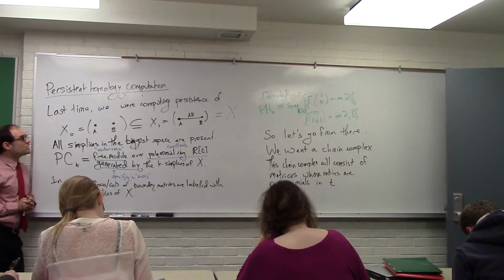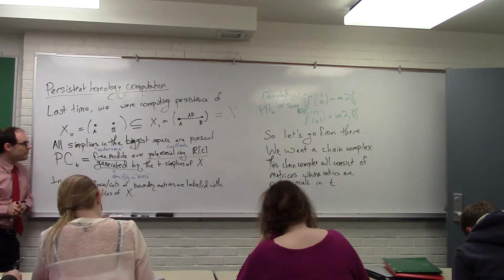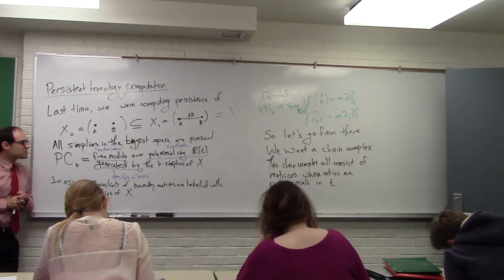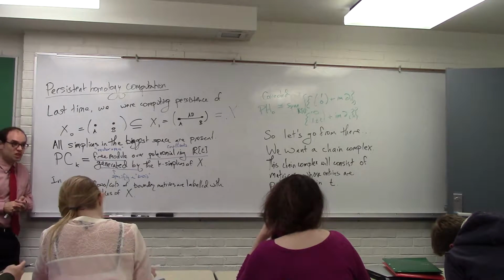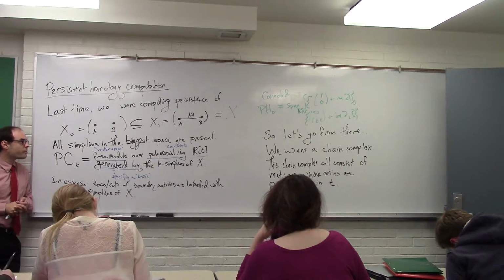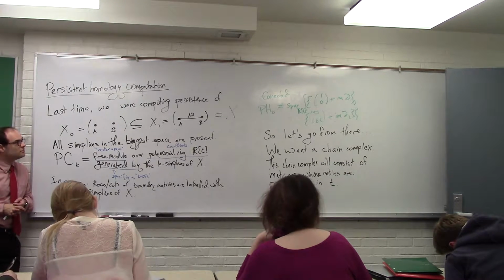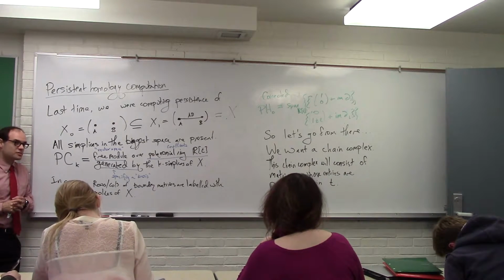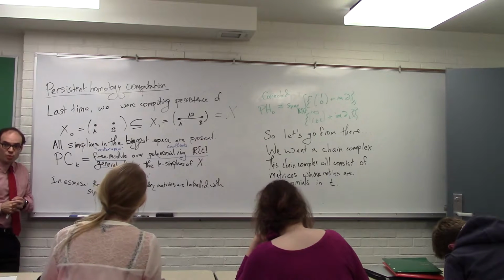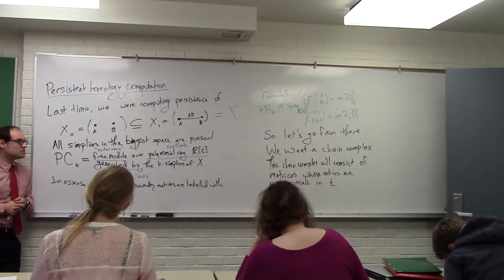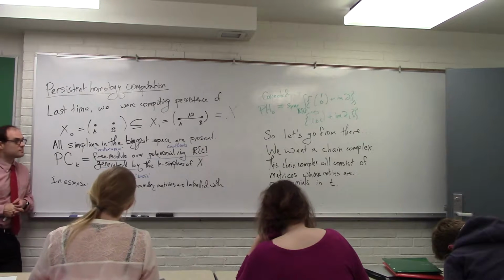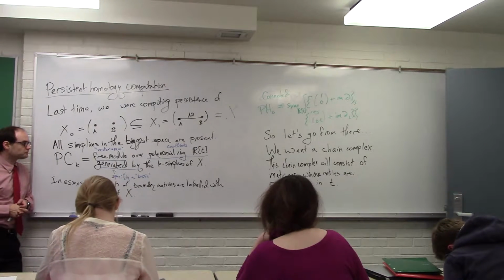Okay, so now what I want to do is specify the boundary matrix. The boundary matrix is going to have the same sparsity pattern, the same zeros in the same spots, as the chain complex for X. But rather than having plus or minus ones, I might have some plus or minus t to the k's.